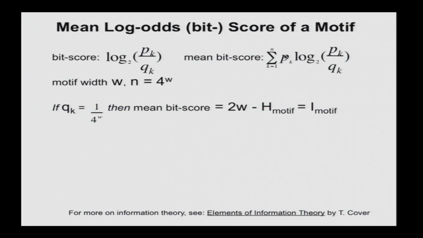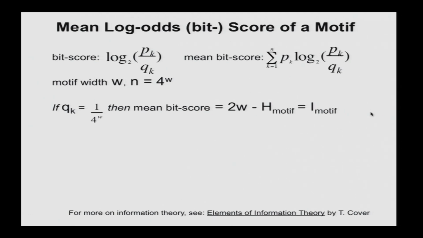Okay, so it turns out that if qk, your background, is uniform, so its probability of any W-mer is 1 over 4 to the W, then the mean bit score is 2W minus the entropy of the motif, which is the same as the information content of the motif using our previous definition. Okay, so that's just a handy relationship. And you can do a little algebra to show that if you want.